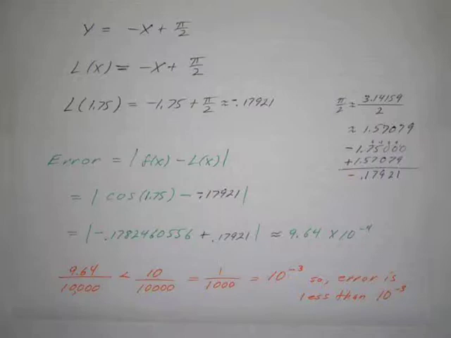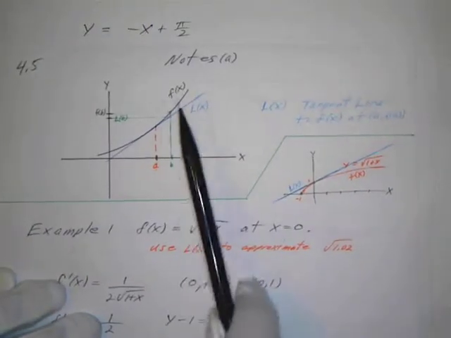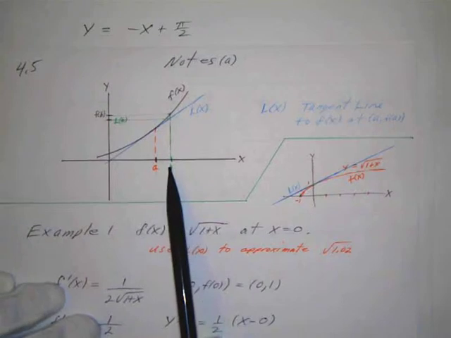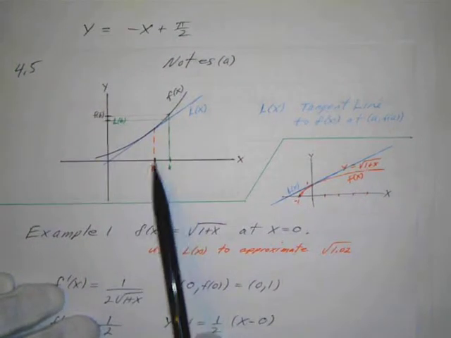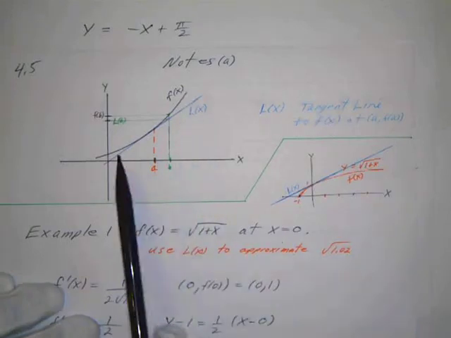So again, remember, linearization is just the tangent line at a particular point, and hopefully that's going to be close enough to what we're trying to approximate, so we'll be in good shape. Again, one more thing, just to go back, we'll look at the first example. Notice that as the number that I want to approximate gets farther and farther from my point of tangency, the distance becomes greater and greater in both directions.